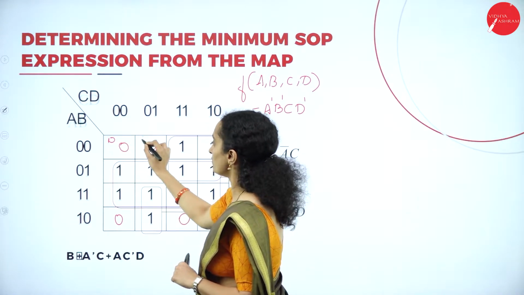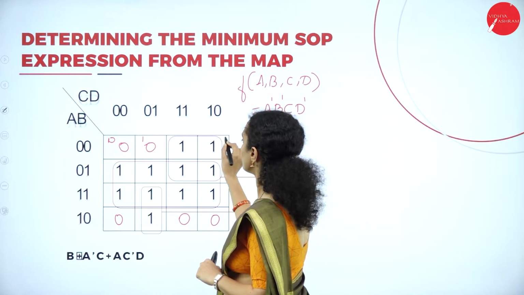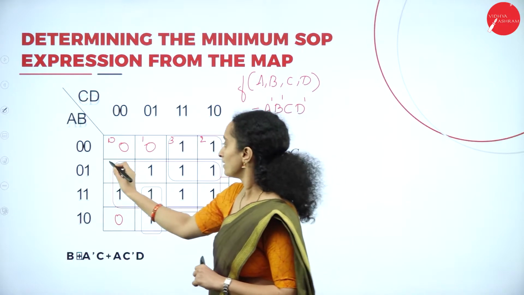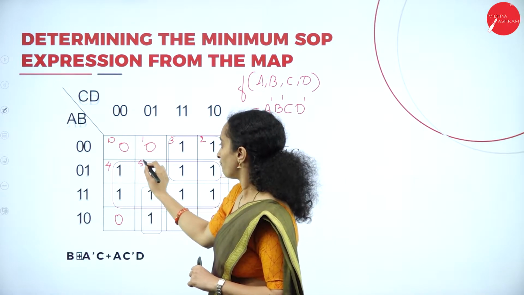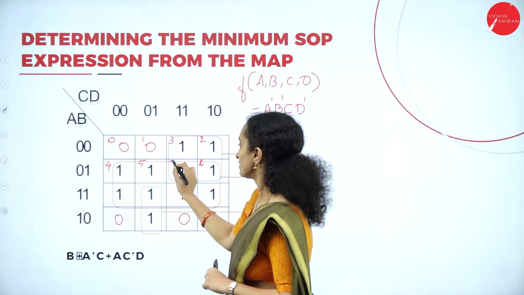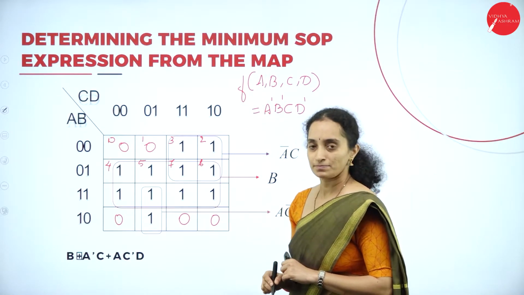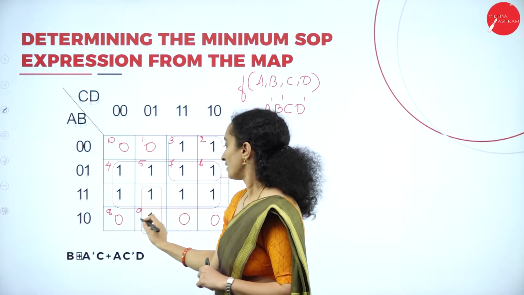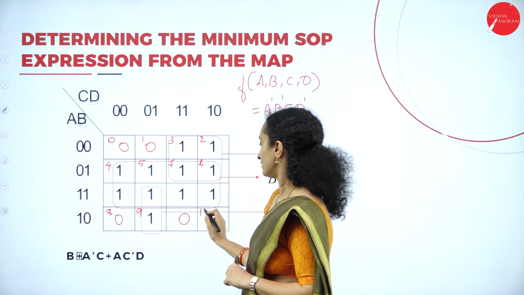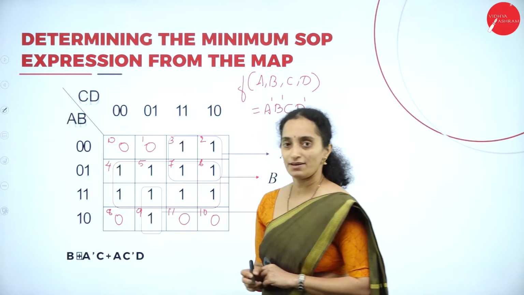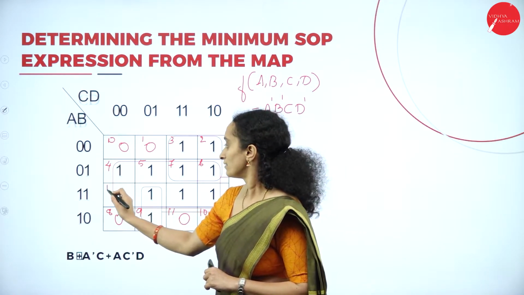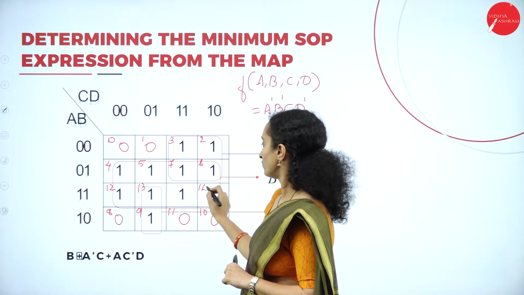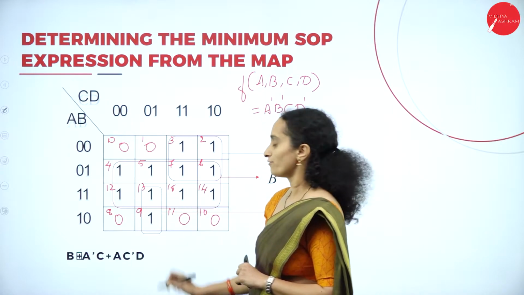Now you can represent 1. This is 0, 1, 2, 3, 4, 5, 6, 7, 8, 9, 10, 11, 12, 13, 14, 15.